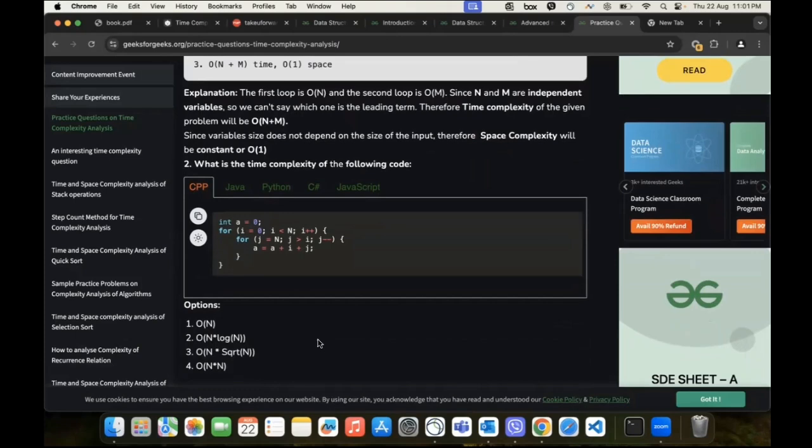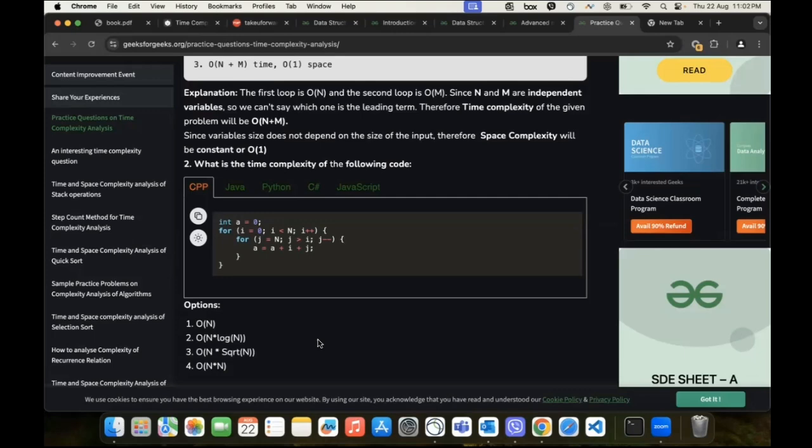Anyway, it will run n times. No, it will not run for all. For example, if i is equal to 4, j is greater than 4, right? So it will not run n times this inner loop. So it will be n log n, I guess, the second one.